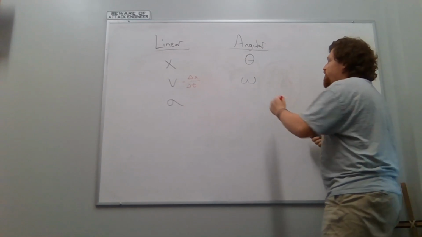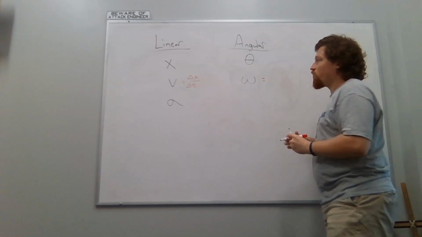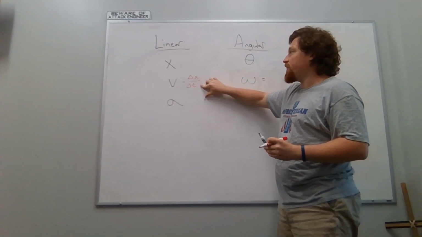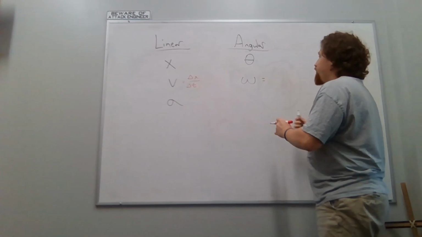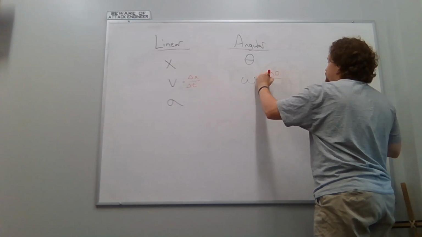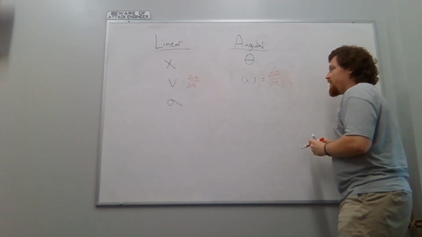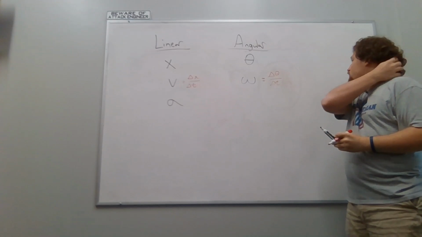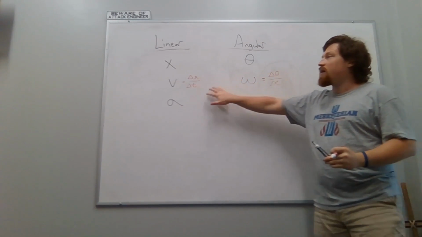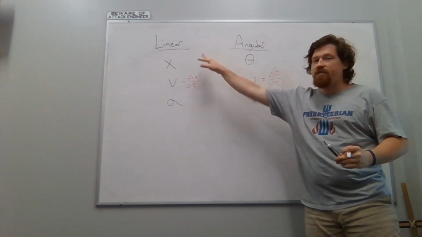And the way that we find angular velocity: normally for linear velocity, you take linear displacement and divide it by time. For angular velocity, you're going to take angular displacement and divide it by time. So the same logic still applies. Velocity is still displacement over time.